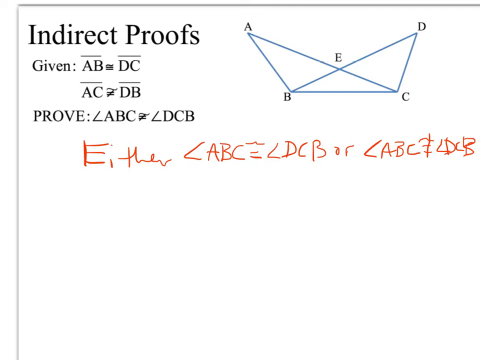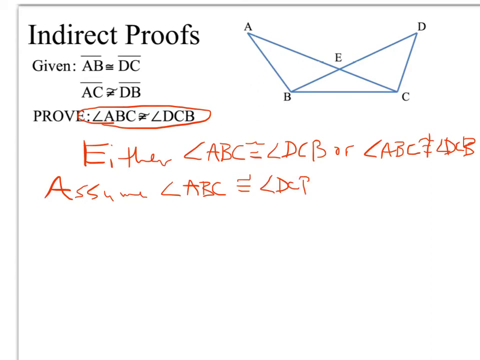Remember, I always get that either or from what I'm trying to prove. And then of course we are going to assume the opposite of what we are trying to prove. We're going to assume angle ABC is congruent to angle DCB, and of course I'm going to mark that in my diagram just like I would for any other proof.